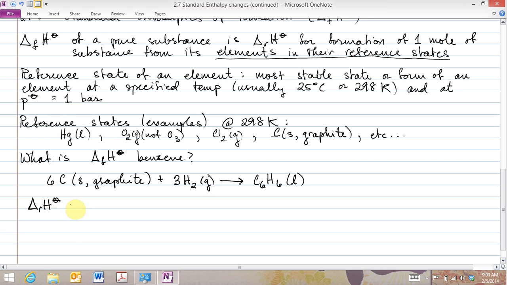The standard enthalpy of reaction in this case is equal to the standard enthalpy of formation of benzene, which is equal to 49.0 kilojoules per mole.